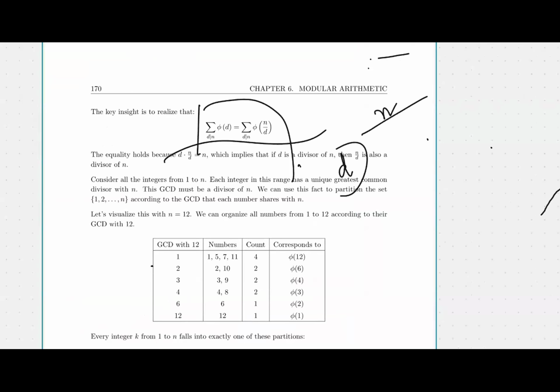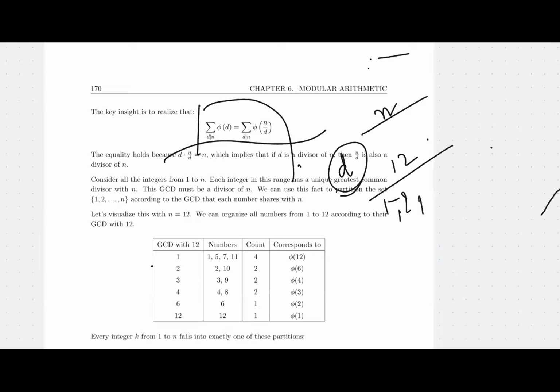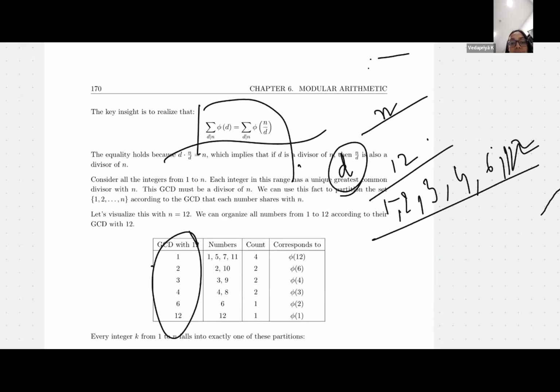What are all the divisors of 12? 1 divides 12, 2 divides 12, 3 divides 12, and 4, 6 and 12. These are the divisors of 12.